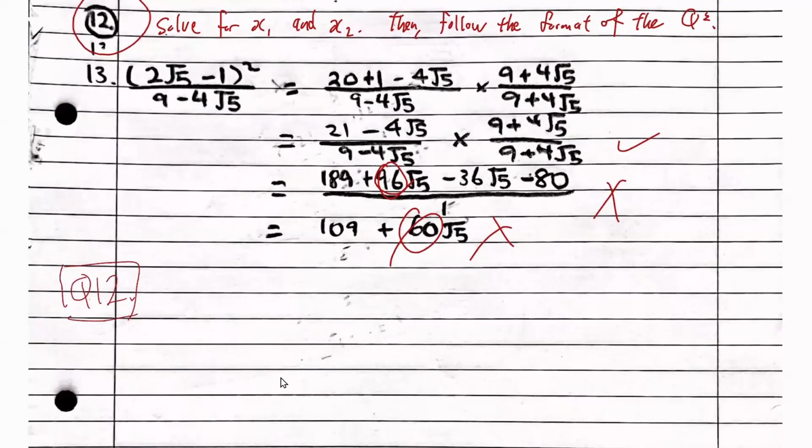This is the HW3 annual revision. Okay, so let's take a look. They tell you x1 and x2 are the roots of the quadratic equation x squared plus x minus 1 equals 0, and x1 is less than x2.